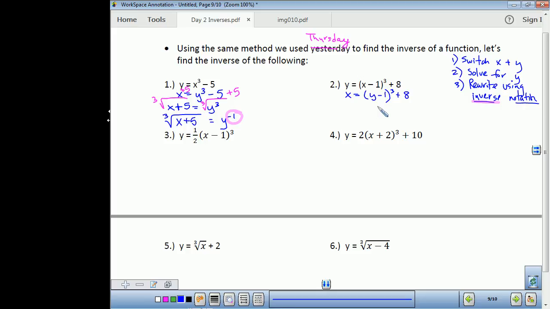This one's slightly different. What is the first thing we do in order to solve for y? Subtract 8. That's very similar to what we just did. Now we have to take the cube root.